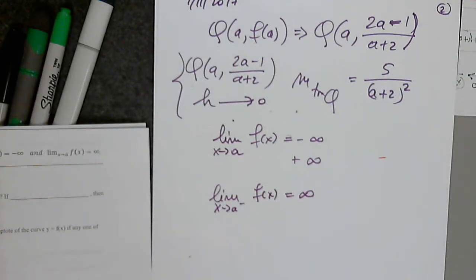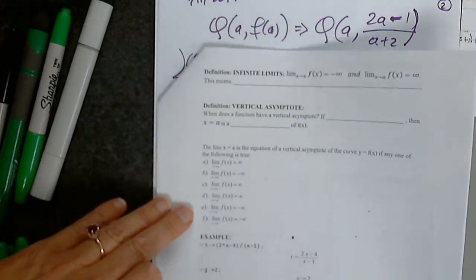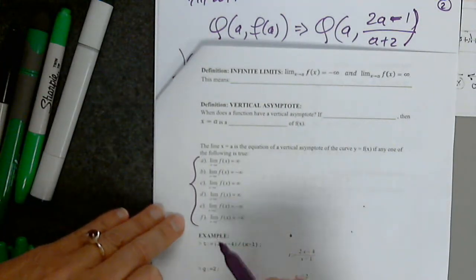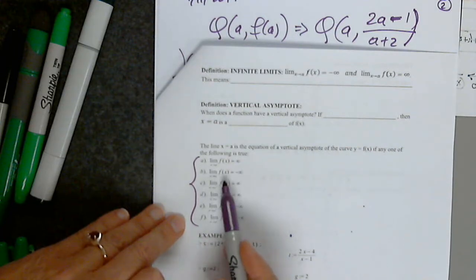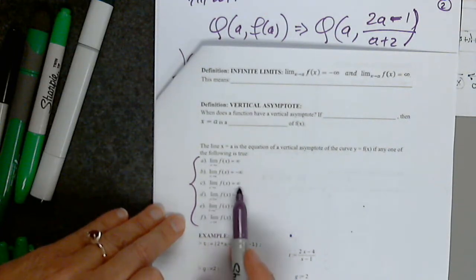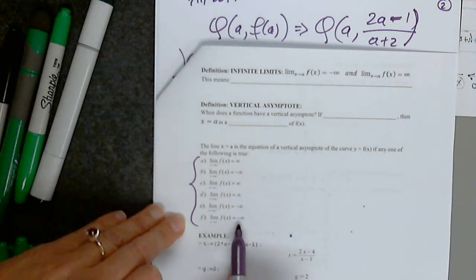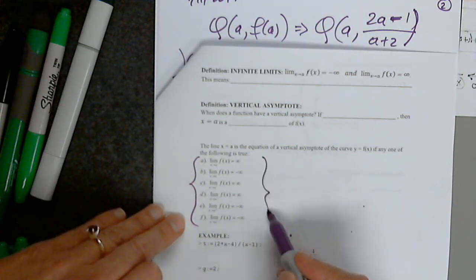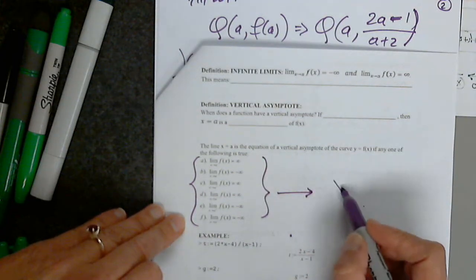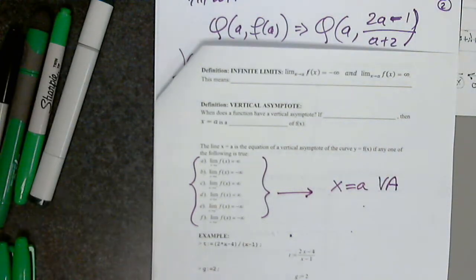What can happen? From either side to be infinity, from either side to be negative infinity, from the right-hand side to be infinity, from the left-hand side to be infinity, from the right-hand side negative infinity, and from the left-hand side negative infinity. In all these situations, x equals a is a vertical asymptote.